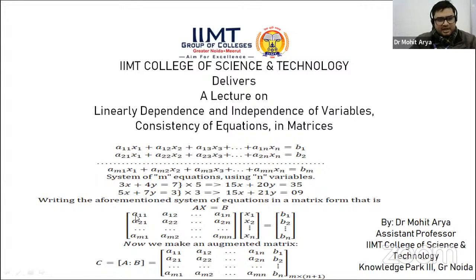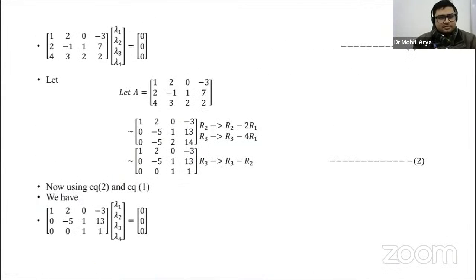The first entry A11, the second element A12 and the nth element A1n are nothing but the coefficients of our variables. A11 is the coefficient of the first variable, A12 the coefficient of the second variable, A13 the coefficient of the third variable. With the help of this concept, we write the entire equation in the form Ax = B, that is our equation number 1.